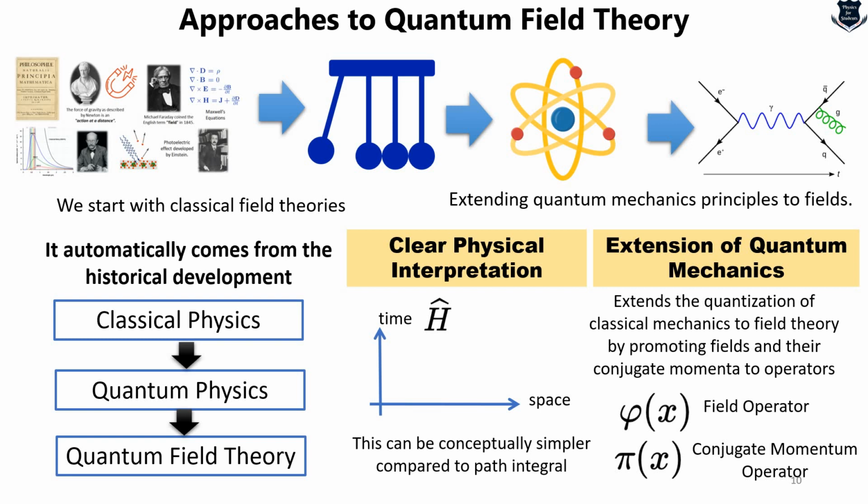The first point is that canonical quantization gives us a simpler understanding than the path integral, because our brain is wired to imagine space and time as different. Also, it extends the quantization of classical mechanics to field theory, and it promotes the general fields we see in quantum mechanics into conjugate momenta operators. So that again becomes extremely important.